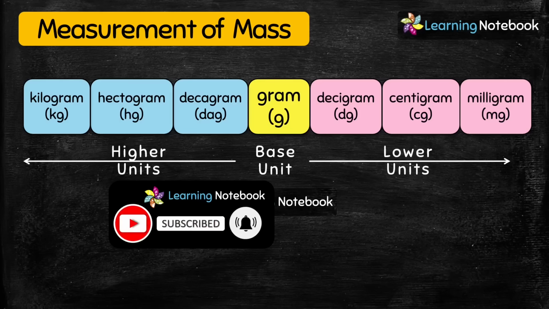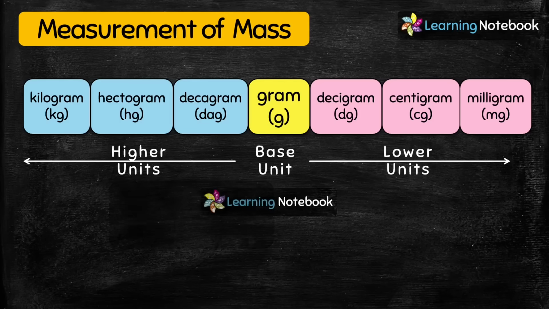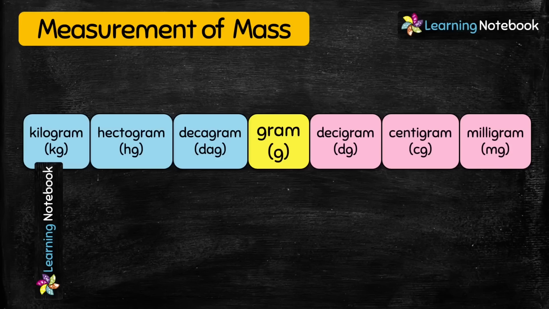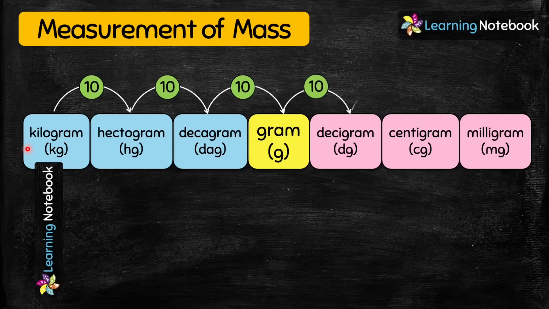So students, these are the units to measure mass. Now let's see how to convert a higher unit into a lower unit. We will do the same method as we followed in measurement of length. To move from one unit to the next unit, we will multiply by 10.